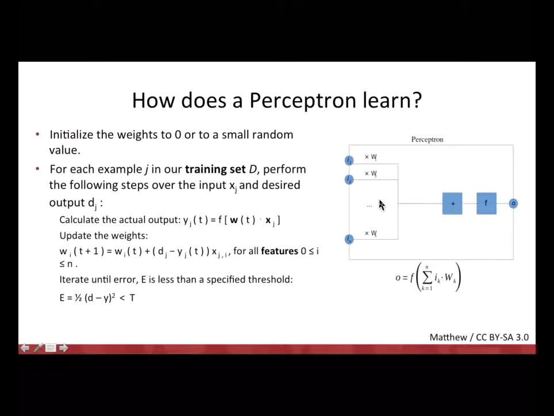So I change the weights, and I keep iterating on this until my error is less than some threshold.